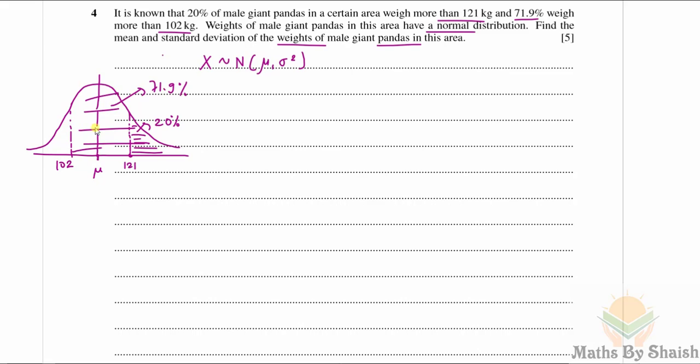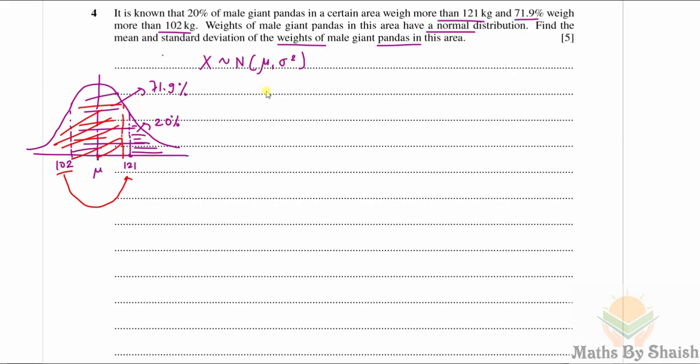Now we can calculate this value by the standardized form, and corresponding to 102 we will get another value here.